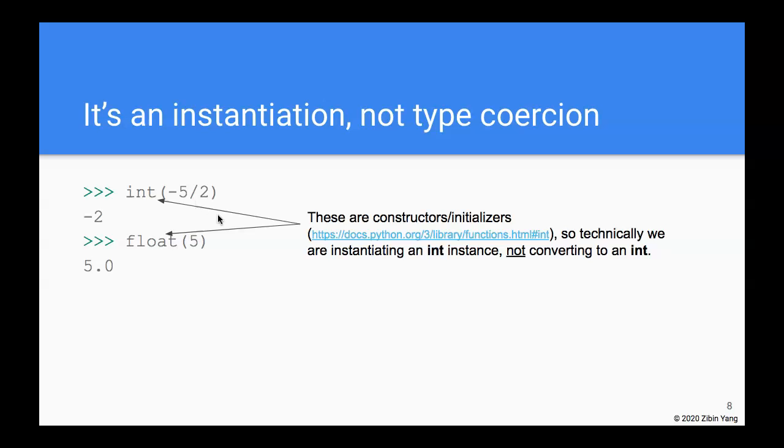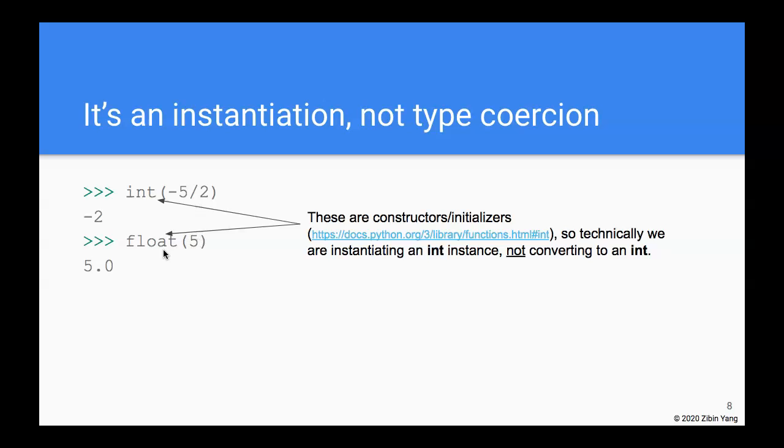Now, in Python, it's actually not quite a conversion or coercion. It's actually an instantiation. We are instantiating, or creating, an instance of an int object from this floating point number.